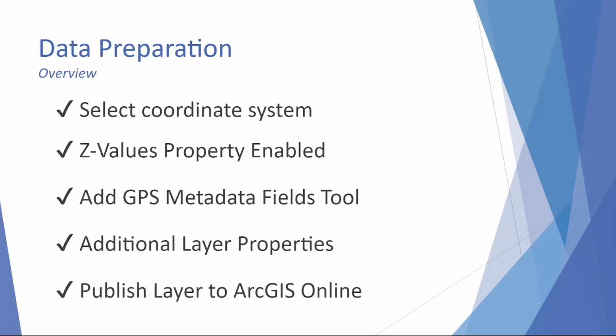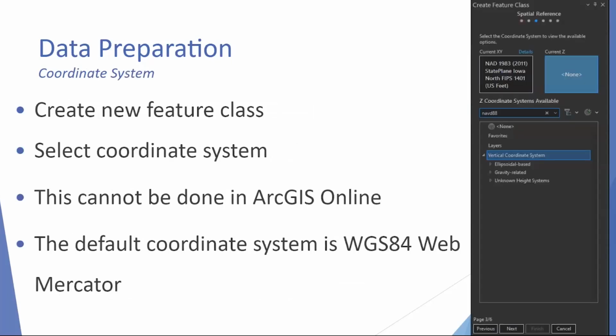And then after we have created our new layer, we will add GPS metadata fields using the Geoprocessing tool in ArcGIS Pro, and then configure a couple additional layer properties afterwards before we officially publish our layer to AGO or ArcGIS Online.